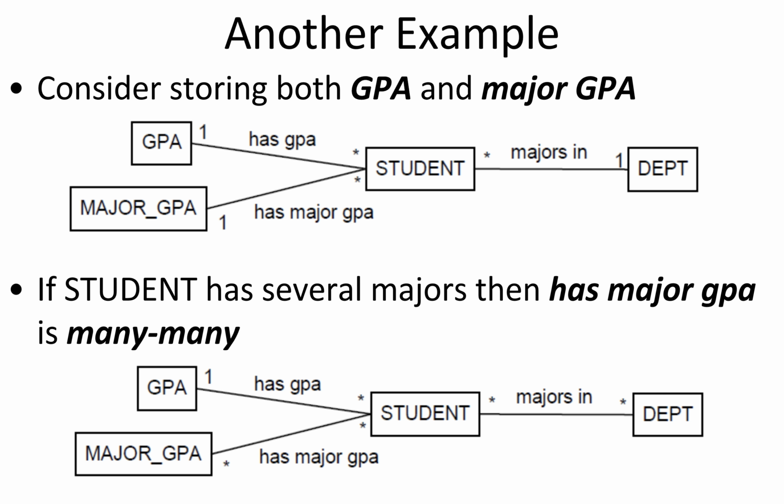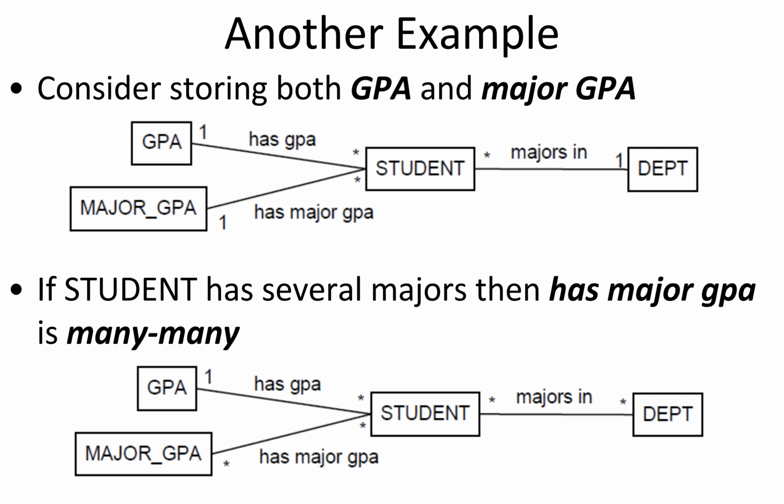If it was just one major, you could have a GPA, and you could keep track of a particular GPA in a particular semester, or the overall for that particular department.